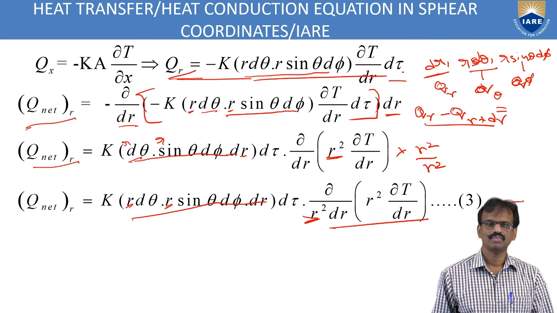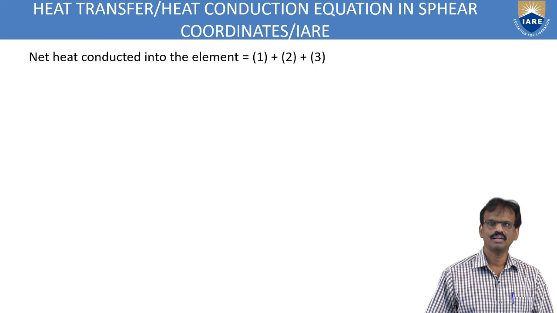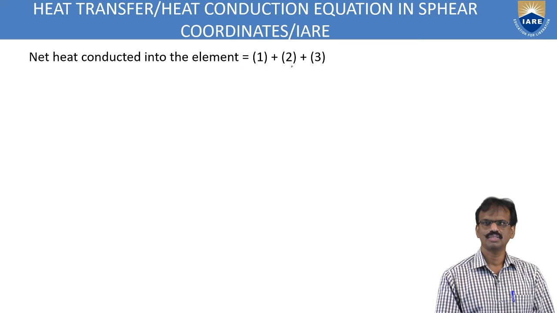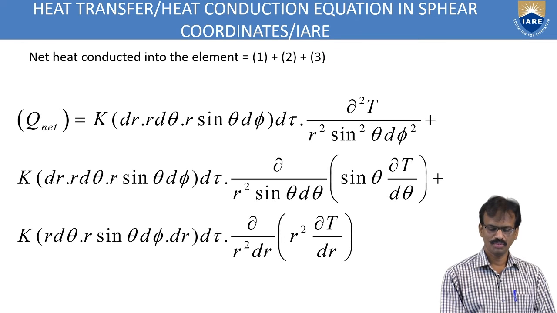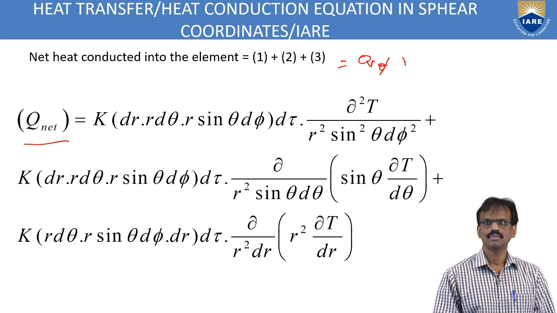Then q net, you have to add all the values. It means q net is equal to q net with respect to pi, q net with respect to theta, q net with respect to r. Just like okay, q net is equal to first one q net with respect to pi. So like q pi plus q theta plus q r.